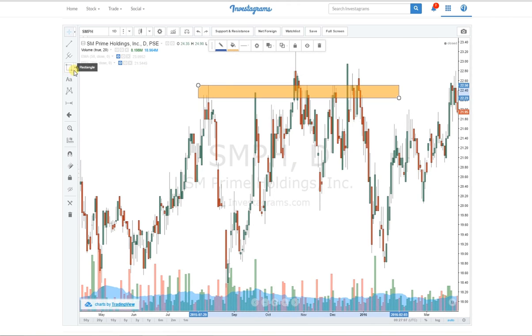And then at this point, we see that prices go above the resistance level, right? So if you were basing the resistance on the 22 to 22.50, a close at 22.60 would mean a breakout for you, right?